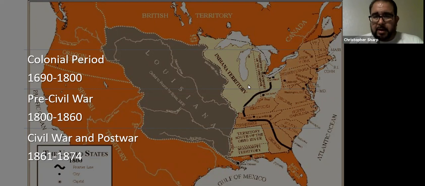So in these areas here, the territories, and then in the south, and these orange areas are areas that belong to other countries. So Canada was a British territory. Oregon was part of the British territory, and then the Spanish territory here went all the way down through Texas and into Mexico.